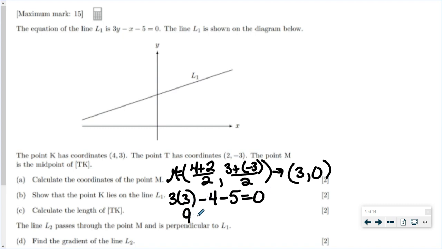Well, 9 minus 4 is 5, and minus 5 more does indeed equal 0. So yes. Now you should probably write out, since 0 equals 0, point K is on L1.